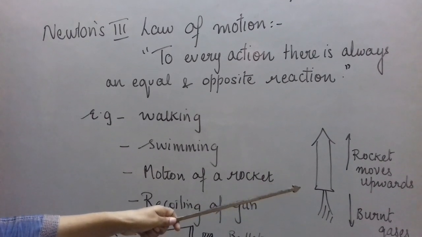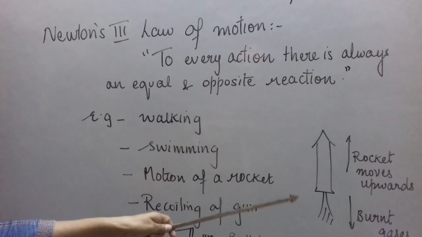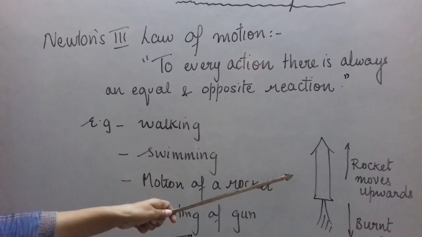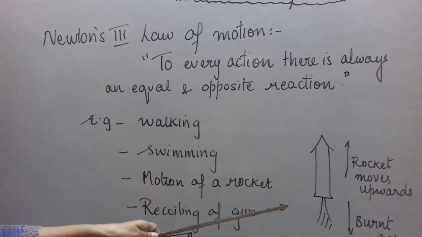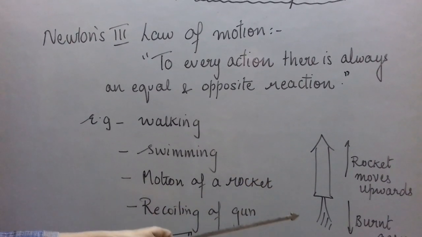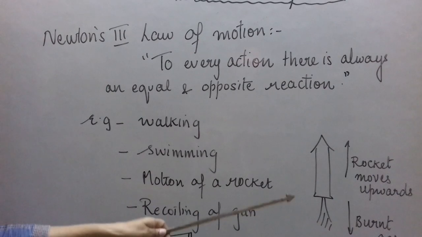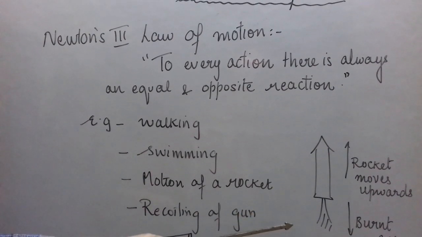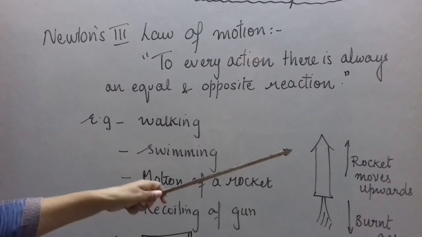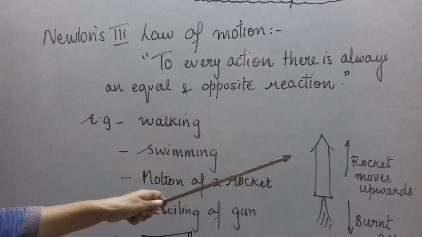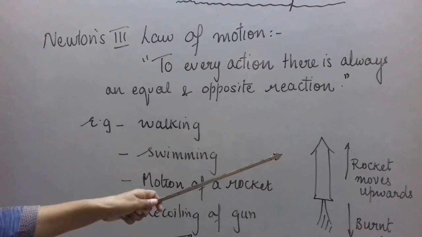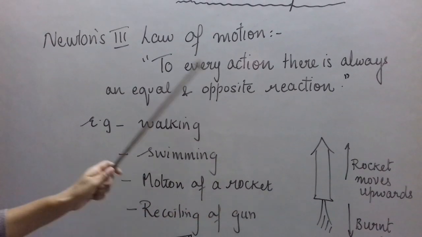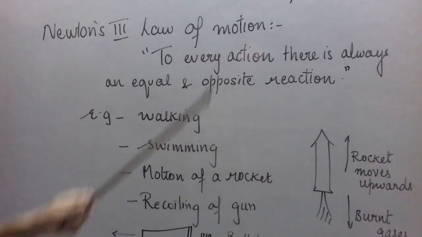The gases experience a very large force from the rocket and hence come out in the downward direction, and when burnt gases escape from the nozzle in the downward direction, they exert an equal and opposite force on the rocket and hence the rocket moves in the upward direction. So the motion of a rocket can also be explained using Newton's third law of motion.